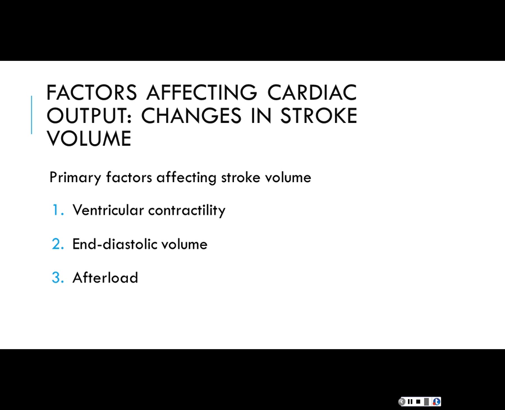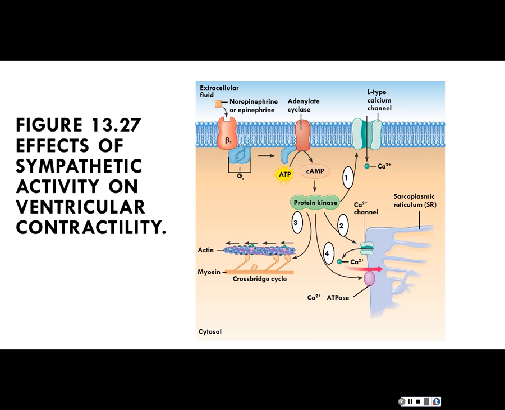This is summarized in another image. Oh, excuse me. Figure 13.27 helps visualize contractility. So right where it says contractility, write a note, see figure 13.27 or see below. We know that in our muscle cells, in the myocardial cells, epinephrine and norepinephrine allow the cells to activate their contraction or increase contractility.